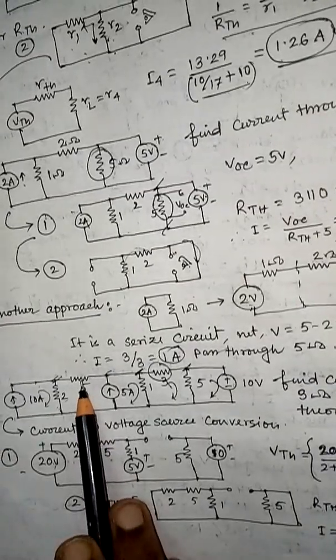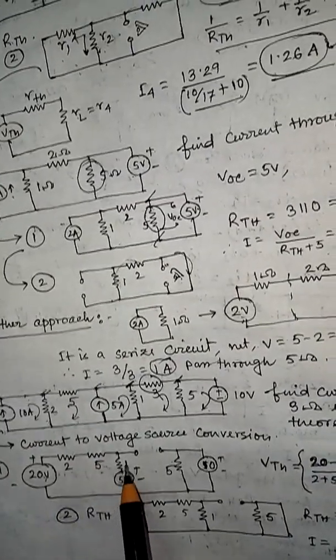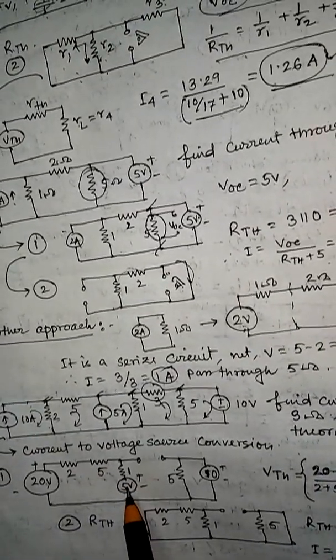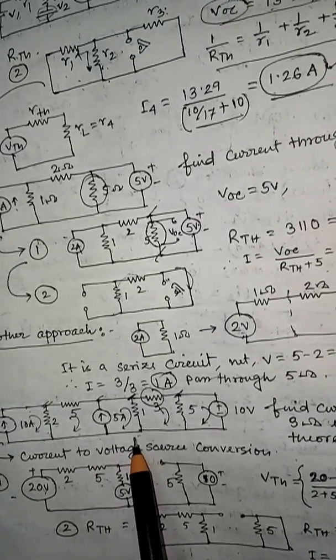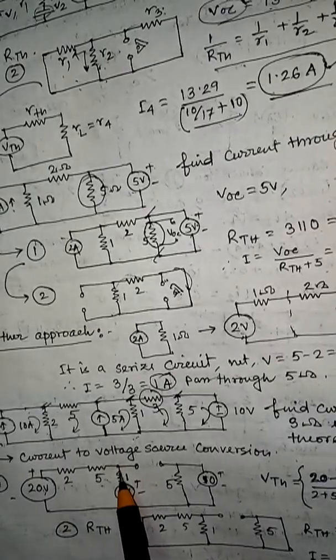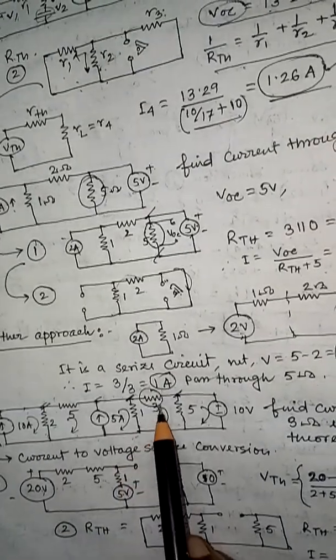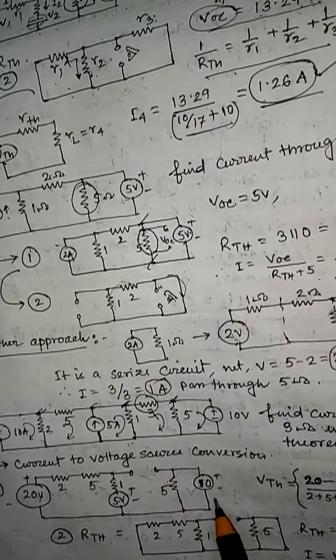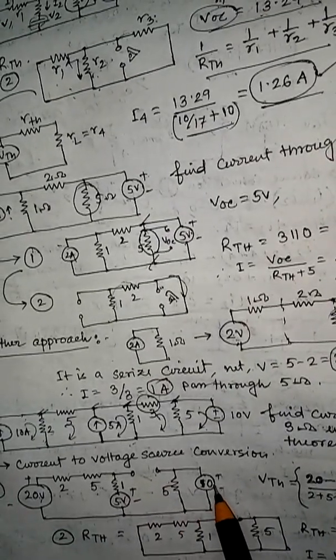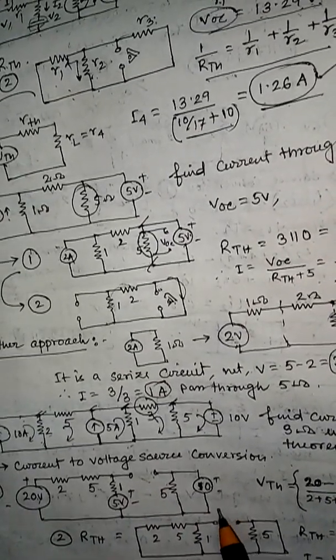This is 5 and this is 1, so it is again 5 volt with 1 in series, and the 3 ohm is plucked off, so we make it open circuit. Now the 5 volt is given as per, and this is 10 volt plus minus.